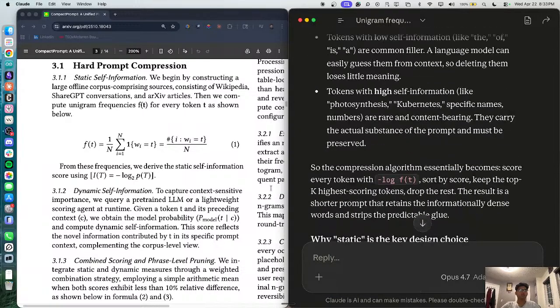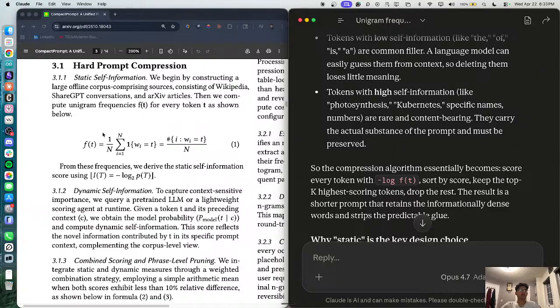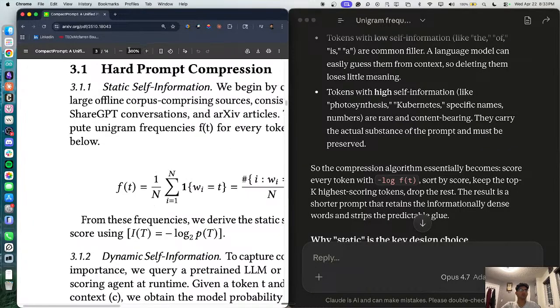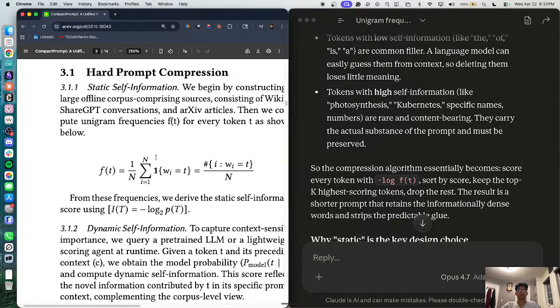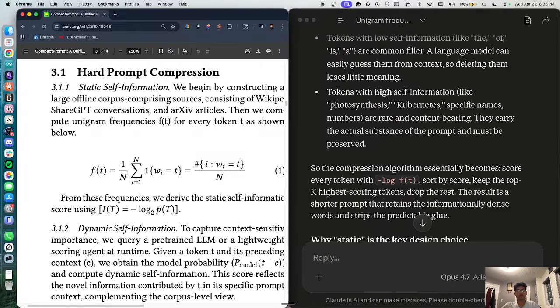I see. So basically, the static self-information through this mathematical model is basically just a fancy for loop. That's like the easiest way I can explain it. This is your summation notation, which uses sigma, and it will loop through all of the tokens that you input.